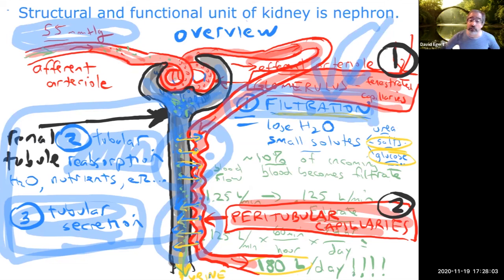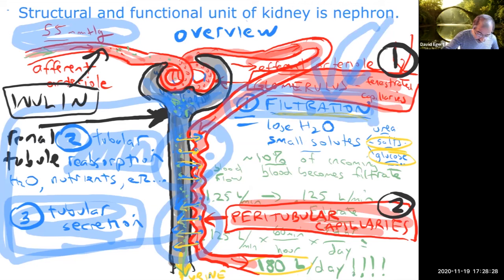If you want a more accurate readout of glomerular filtration rate, there's this cool thing where there's a sugar called inulin. It gets here, and it's not absorbed or secreted.